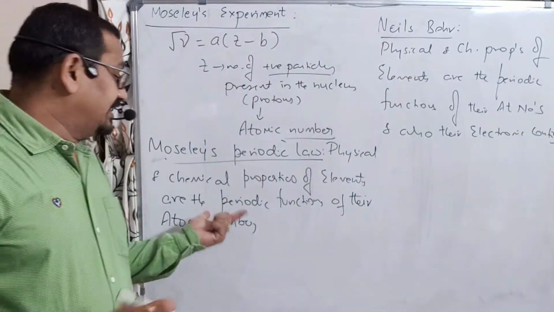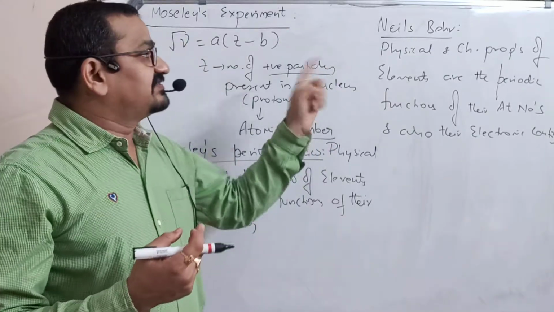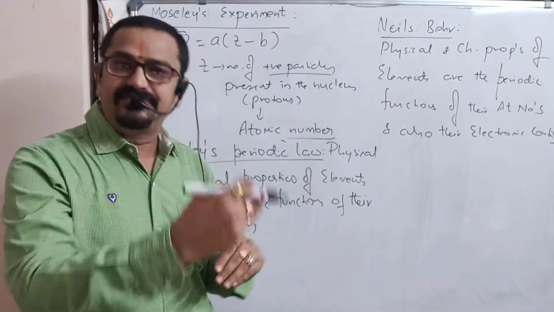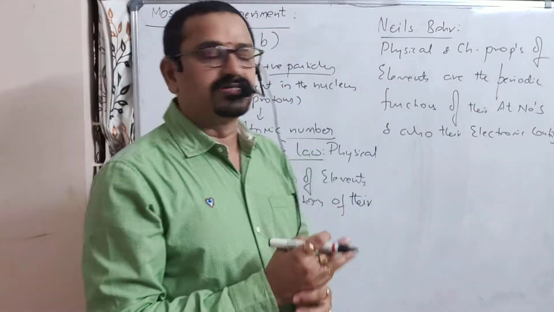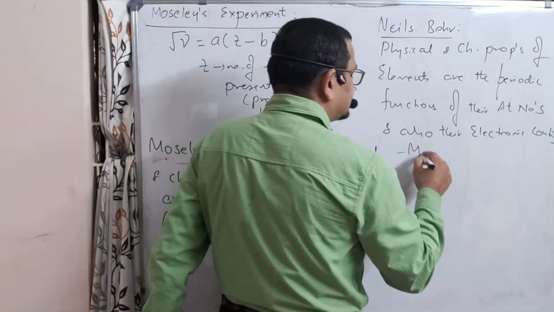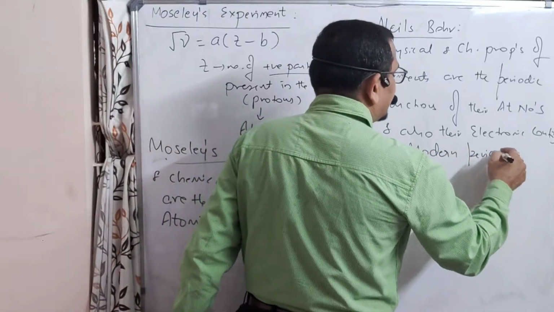So, in addition to atomic number, Niels Bohr also gave that varying physical and chemical properties also depend on their electronic configuration. What was this law named as?